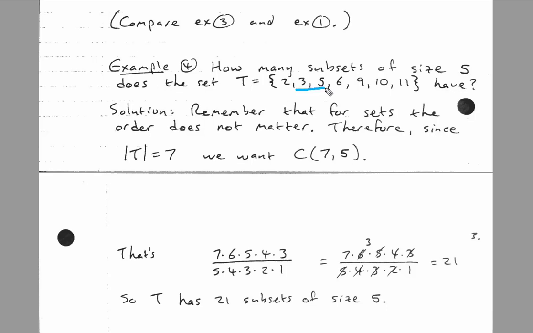I suppose I chose these 5 elements out of T. Well, I'm leaving out these 2. All right, so you can match up all the 5 combinations with 2 combinations, so it's going to be the same number of each.